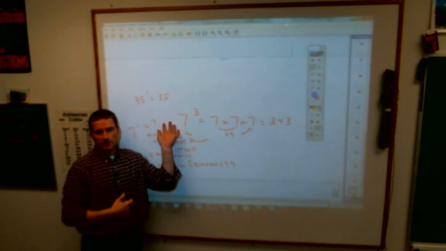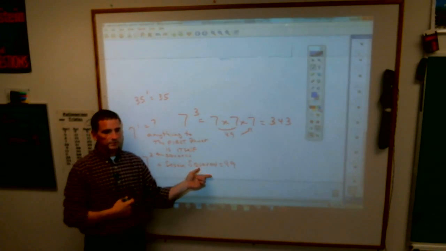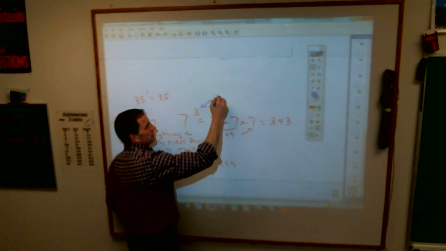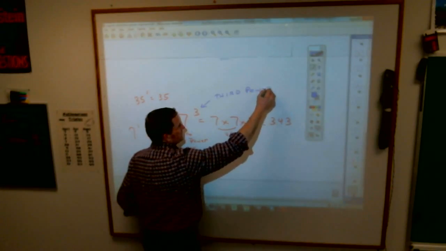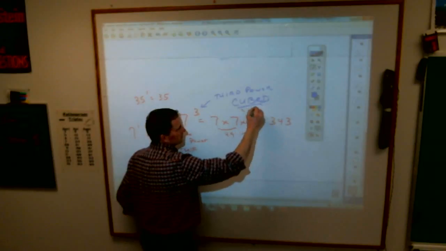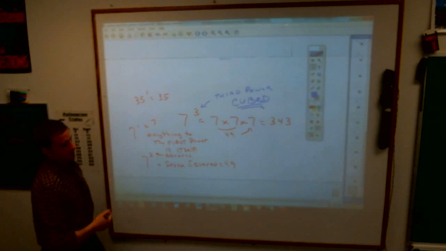Just like if it's a 3, I don't usually say 7 to the third power. Do you know what we call things to the third power? If to the second power is squared, to the third power is, instead of saying third power, we say cubed. You just say the word cubed instead.